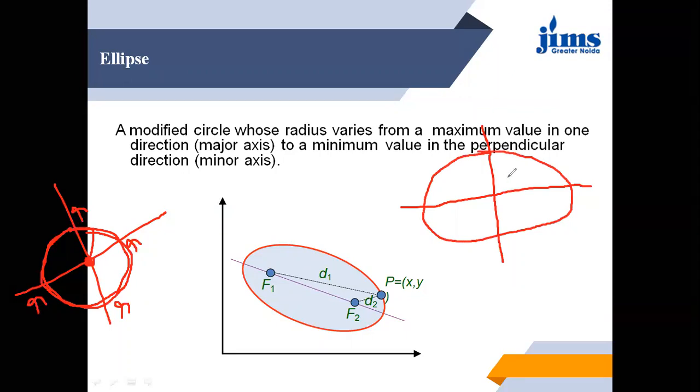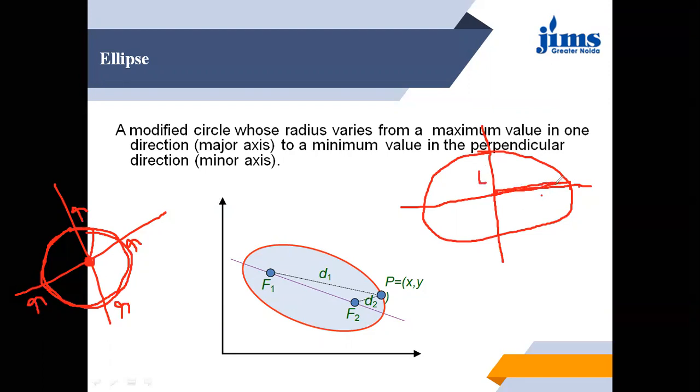There are two axes, x-axis and y-axis. On one axis, the distance from the origin to this point is more, and on the other axis this is less.